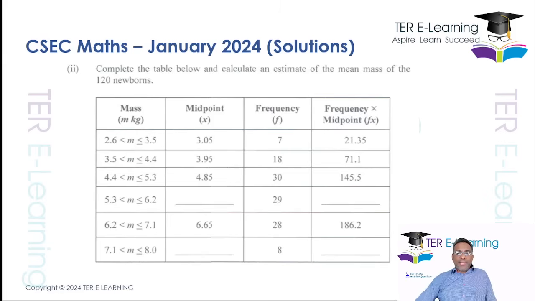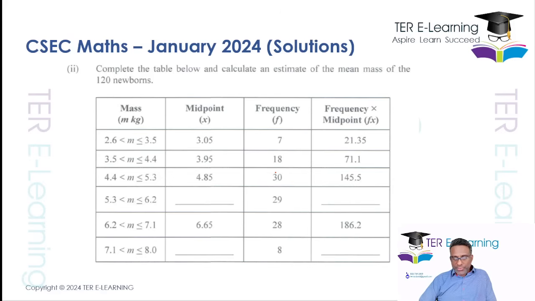Complete the table below and calculate an estimate of the mean. So in this case, we need to calculate our midpoint because we have the frequencies here already. So let me just double check something. 4.4 plus 5.3 divided by 2.